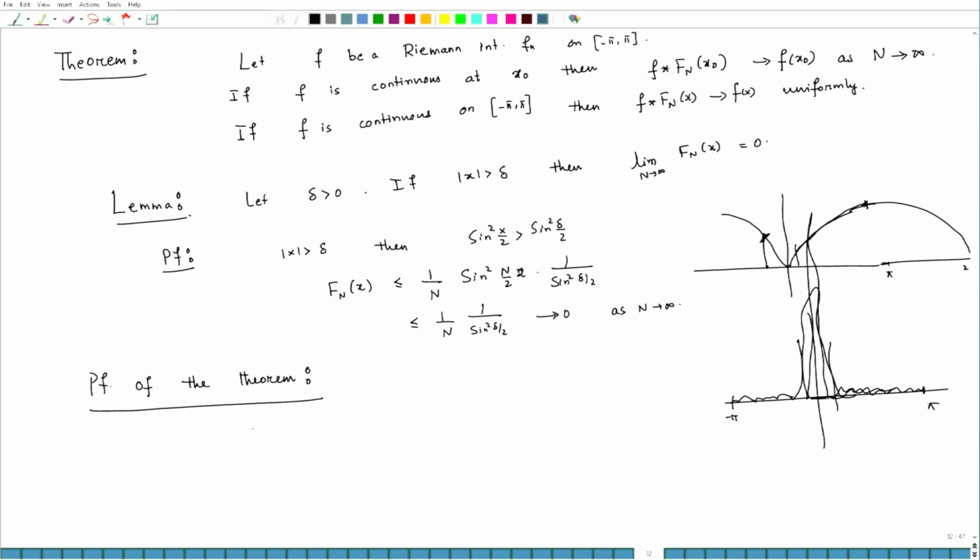So, we know that f is continuous at x naught.